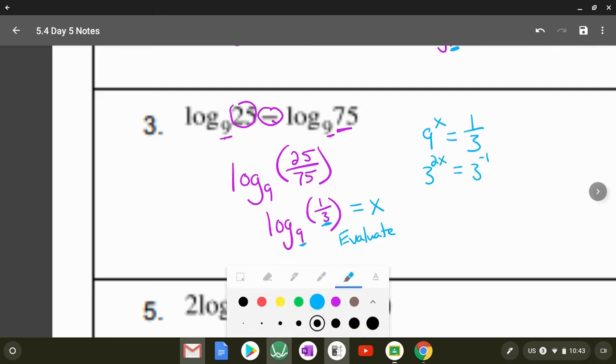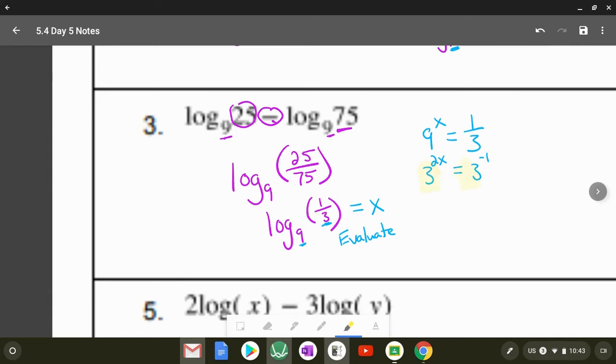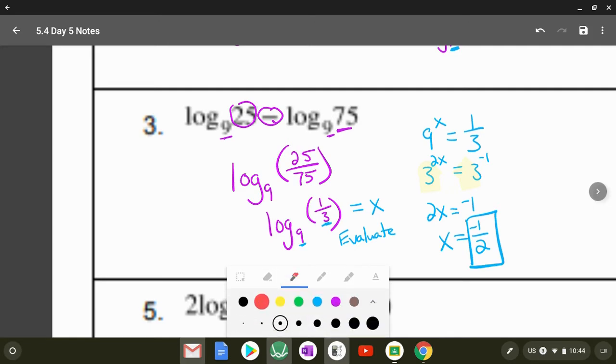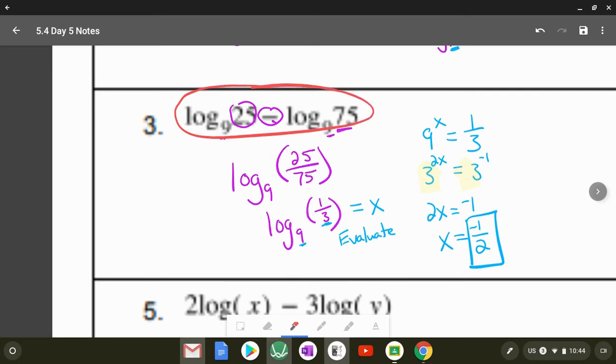And we see that we can get these bases to match. So then we just set the exponents equal and x equals negative 1/2. And it's not x because there's no variable in our initial problem, so actually it's not x equals, but rather this whole problem, log base 9 of 25 minus log base 9 of 75, is equal to negative 1/2.